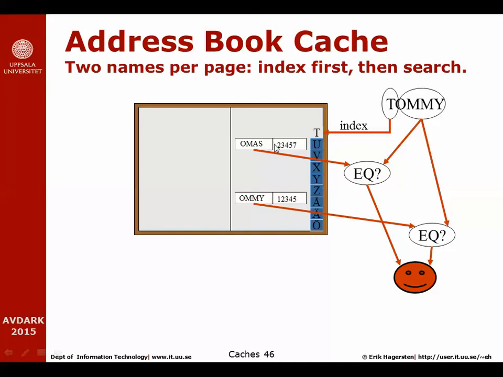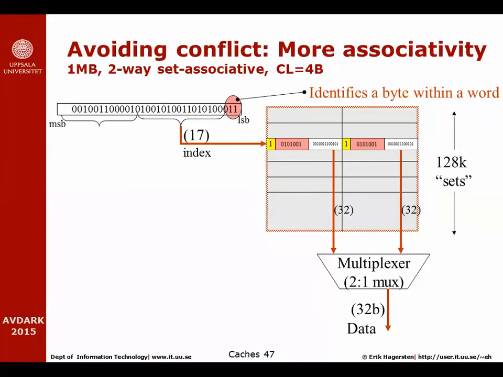And even though both Thomas and Tommy were very close friends of yours, you still wouldn't get lots of misses in your address book because you will avoid those conflict misses. So this is the way we would like to improve our cache designs as well, allowing more than one data item to be stored associated with the same index function.